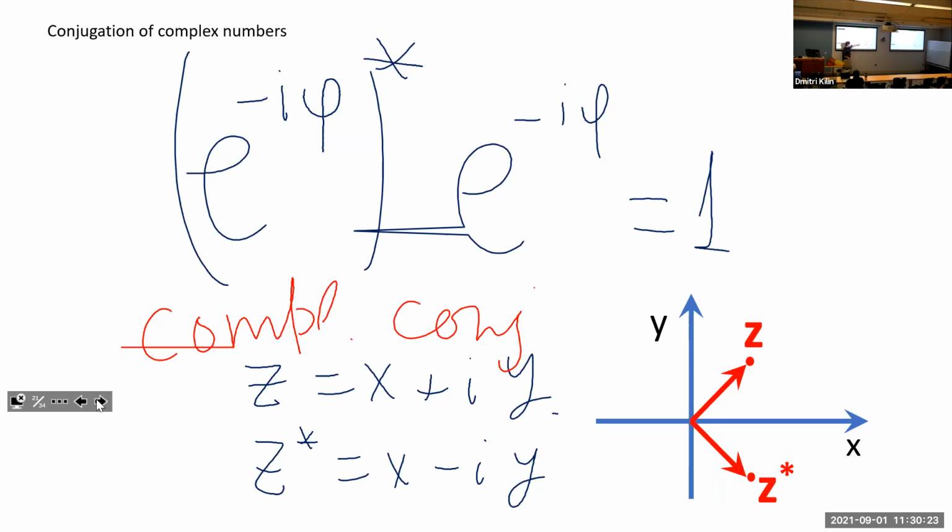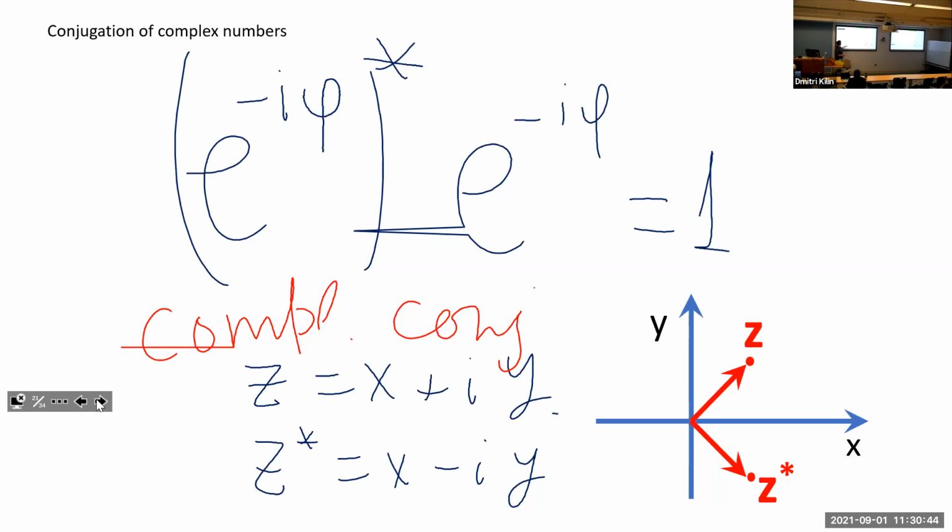If we have a complex number in this plane, with the imaginary axis, star means you just make a mirror reflection. Mathematically, you just flip the sign in front of the imaginary unit. So if you represent it in projections, you put minus in front of the imaginary part.